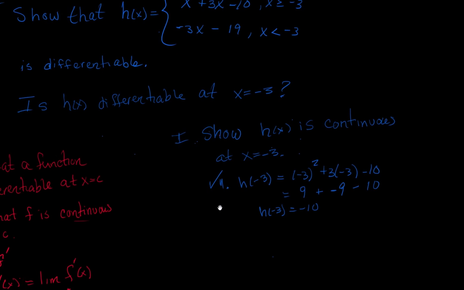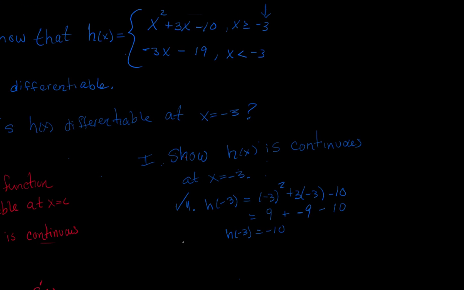Step 2, we need to show that the limit as x approaches negative 3 from the left for h of x is the same as the limit as x approaches negative 3 from the right. So let's take them one at a time. The limit as x approaches negative 3 from the left of h of x, we have to decide which rule to use.